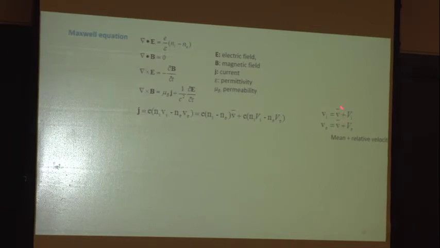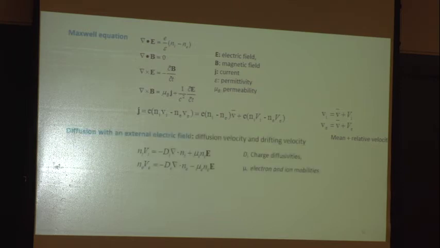You substitute this into this equation, and you get that the current is equal to the charge times the mobility and the diffusion term. The same for the ions and electrons.